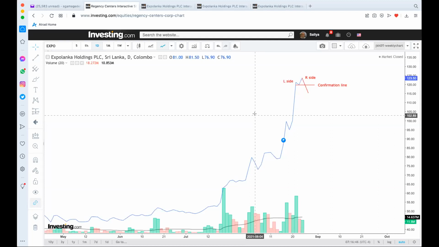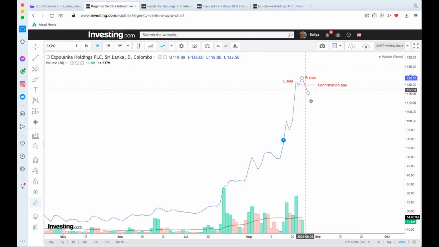Why? We are not going to predict things until a confirmation takes place, right? If there is no confirmation, we don't get excited. But if there is a confirmation, the trend is going to continue to come down until such time that there is another reversal to the upside. Here it's a downside reversal, but to the upside there can be a reversal, right?